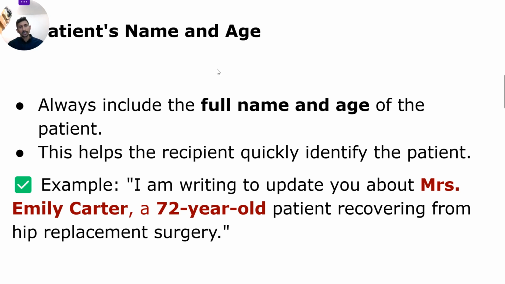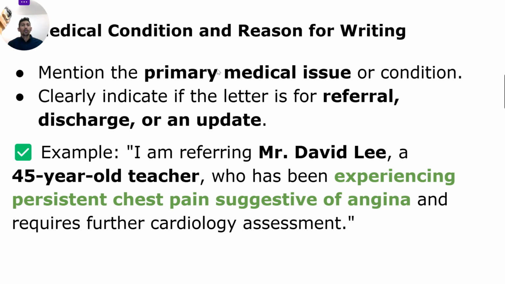The third thing is the medical condition and reason for writing. Always mention the primary medical issue or condition, and clearly indicate if the letter is for referral, discharge, or an update. Example: I'm referring Mr. David Lee, a 45-year-old teacher who has been experiencing persistent chest pain suggestive of angina, and who requires further cardiology assessment.